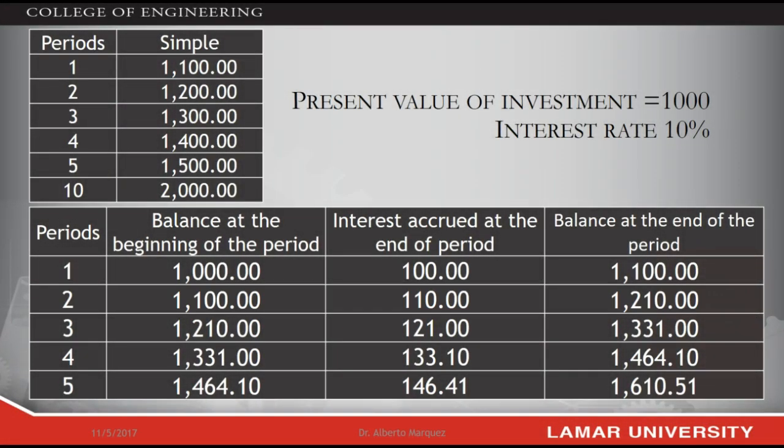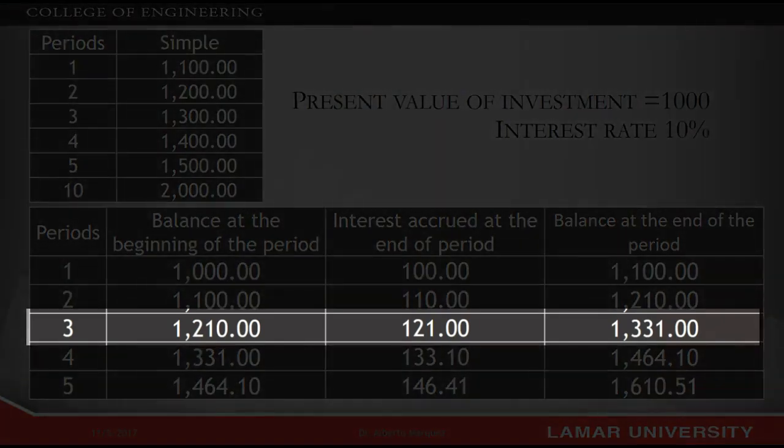And we can further compute how much we would have at t equals 3. That amount is 1,210 times 1 plus 1 times 0.1. This final result at t equals 3 will be $1,331.